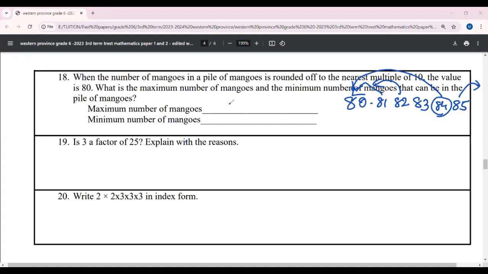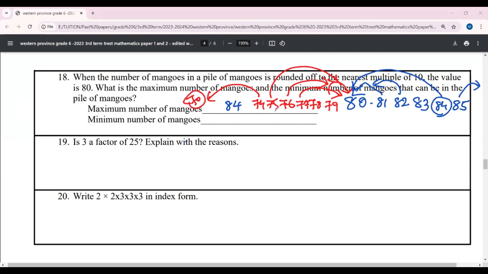Therefore, the maximum number will be 84. Now let's go backwards. 79 will also go to 80, and 78, 77, 76, 75 will also go to 80 when rounded off to the nearest 10, and 74 goes to 70, right?